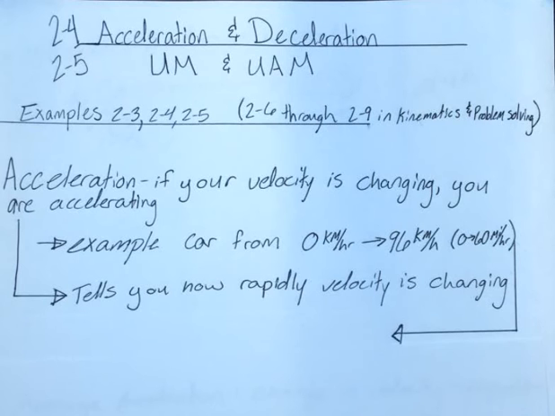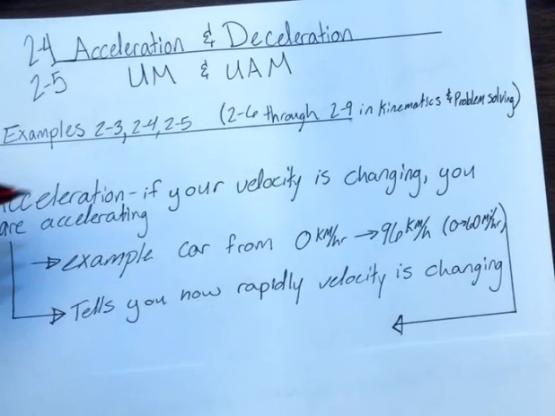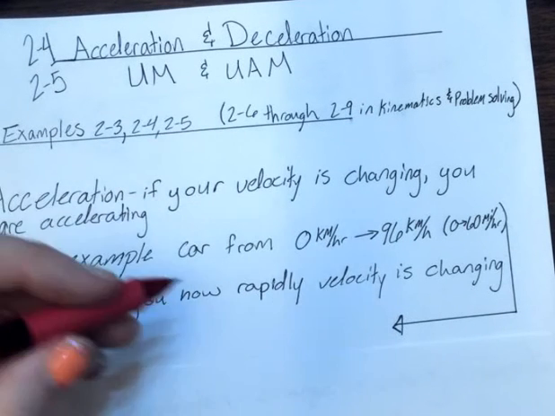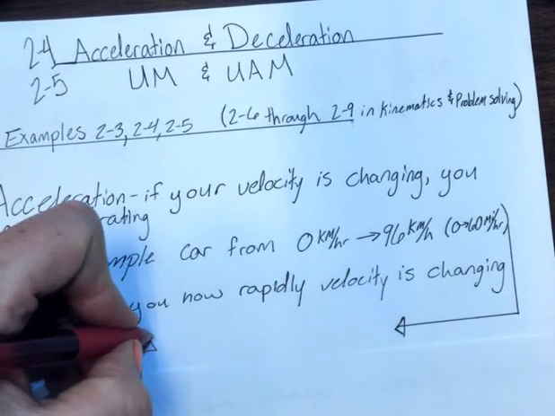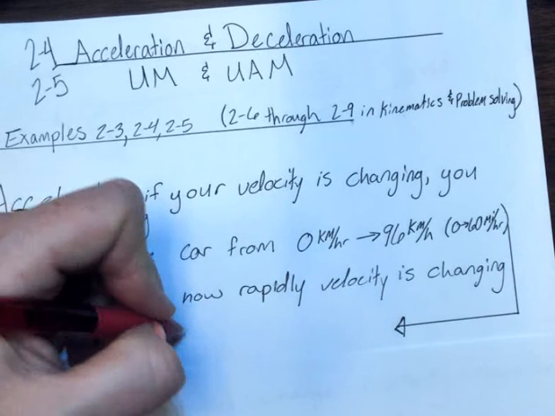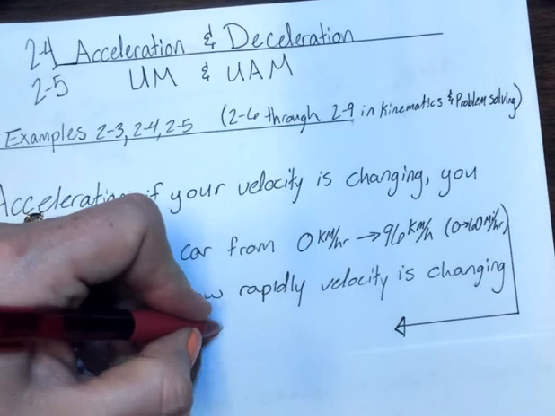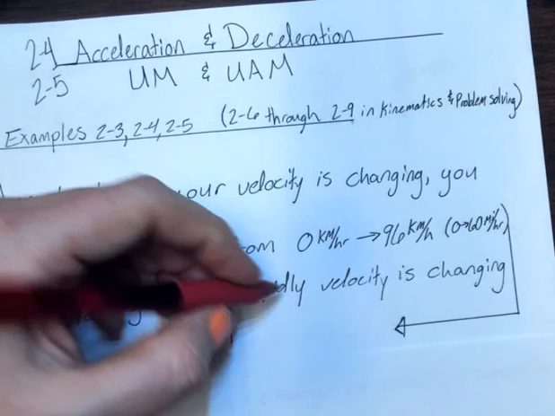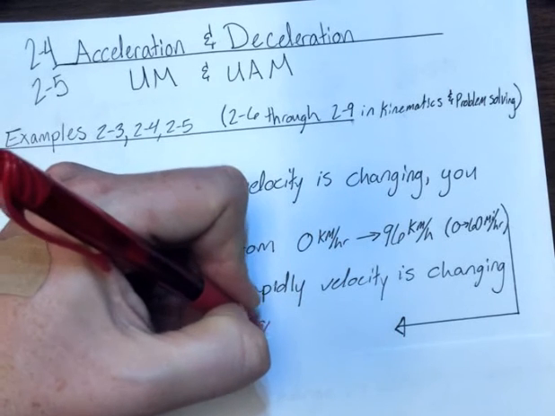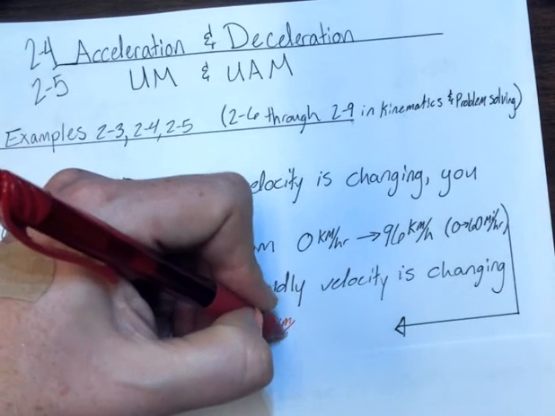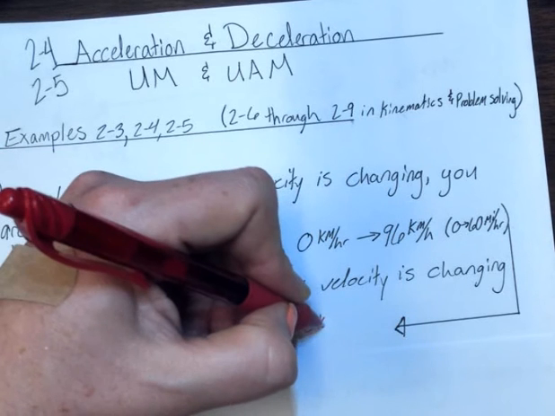So let's consider this situation right here. Our car that can change from 0 to 60 miles an hour, it's telling us that the velocity is changing. So that would be v2 minus v1. Alright, so that would be 96 kilometers per hour minus 0 kilometers per hour.